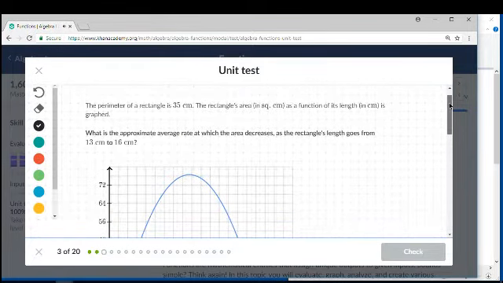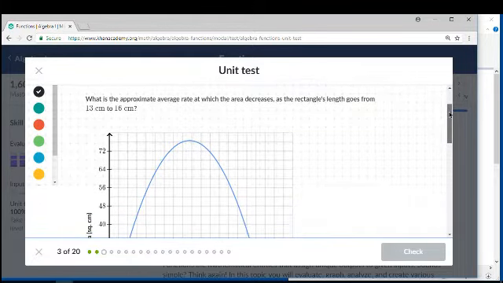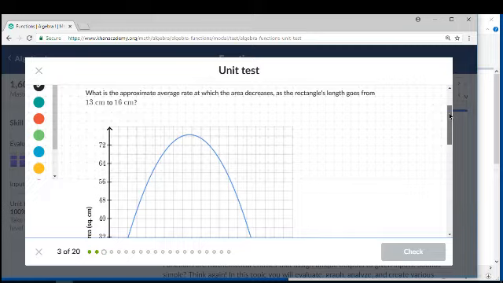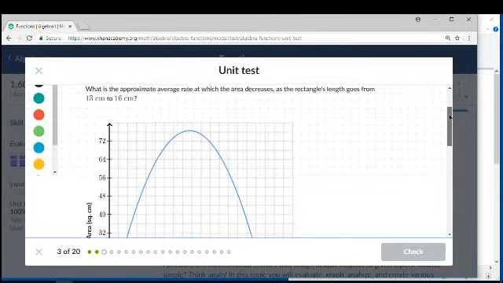All right, the perimeter is 35. This is a rectangle area. What's the average rate at which the area decreases when you go from 13 to 16? All right.